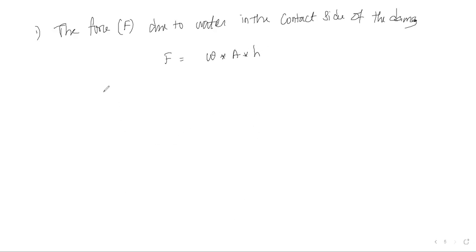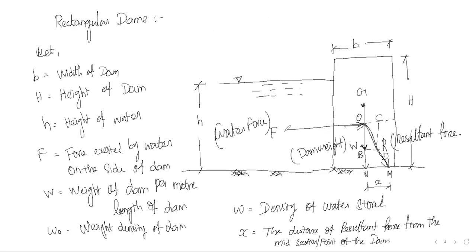I forgot to tell one thing: here the force is acting at a distance, which is nothing but h by 3. So this is acting at a distance of h by 3 from the base.